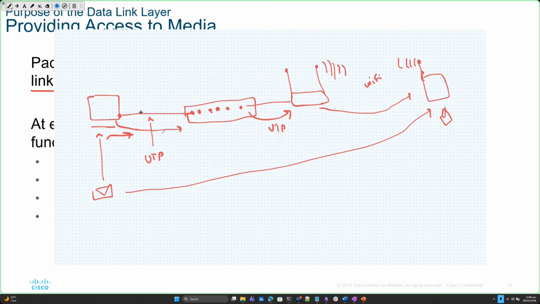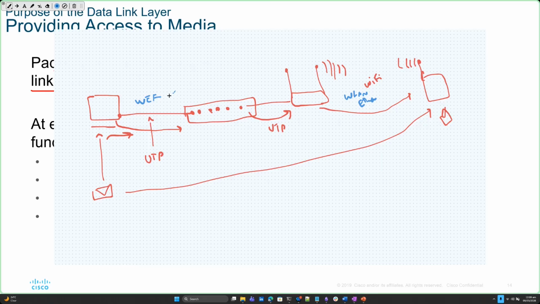So when you are using a wired connection, you are using the Ethernet frame, right? It has its own standards. But when the packet had to go through Wi-Fi, it was using WLAN Ethernet, which has its own format and its own protocol.